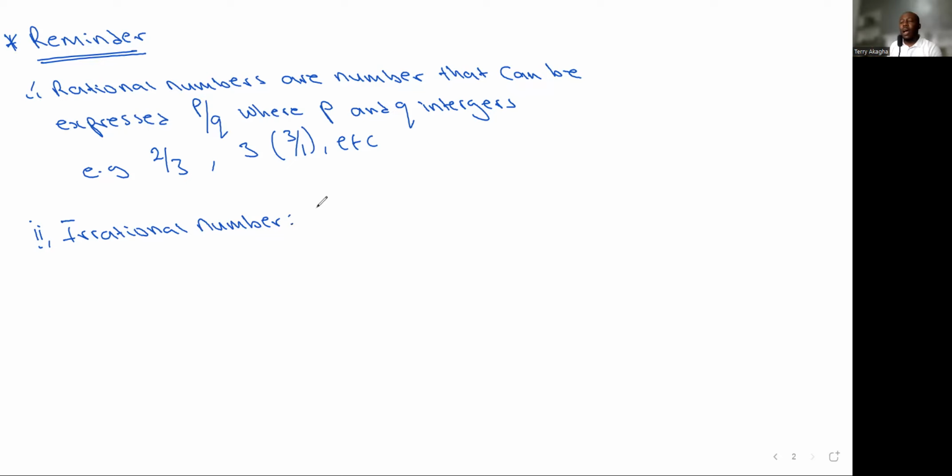So in this case, it's a real number that cannot be expressed as a ratio of integers.